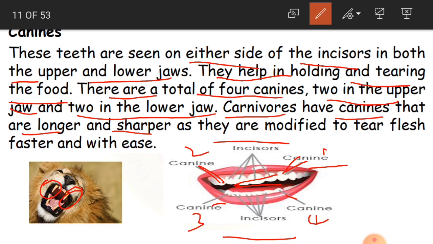So that is why they have got these long and sharp canines. Why do they have such a type of canines, children? So that they can easily tear the flesh, and not only easily, but they can also do it very fast. Because of that they have got this type of canines.